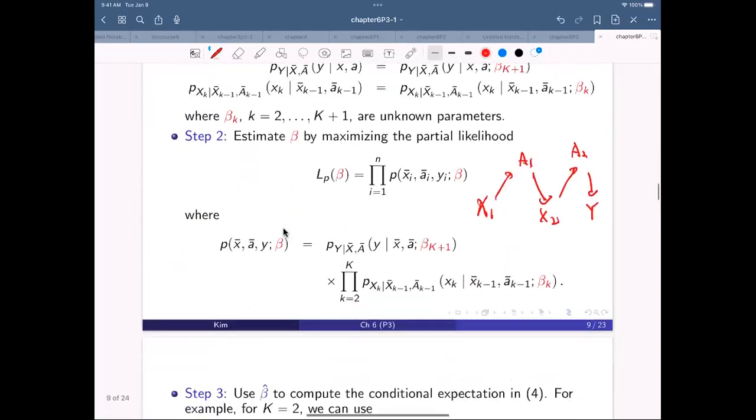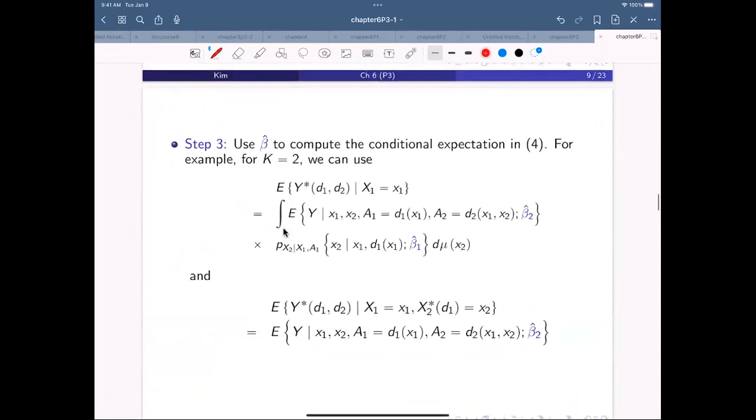So that is basically this one: Y star given X1 and X2 star. Okay. The second one is easier because you just use the beta hat 2, but the first one needs an additional model to integrate out.